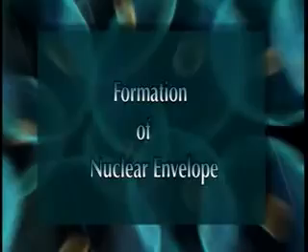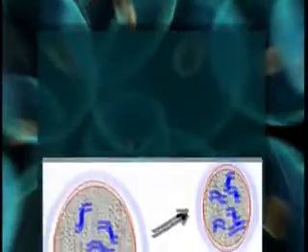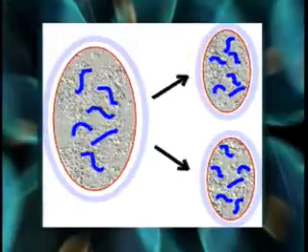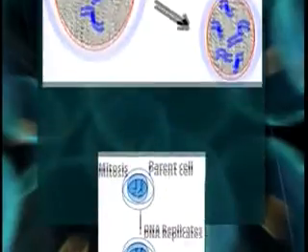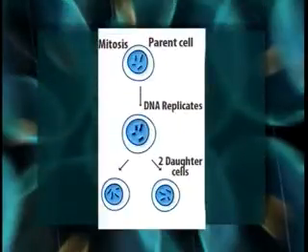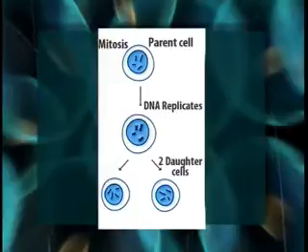Now, the question arises, how is this nuclear envelope formed? The nuclear envelope is the nuclear boundary of the interphase and prophase nuclei. It breaks down at the end of prophase and is reformed at the end of the nuclear division. Thus, it disassembles at the onset of mitosis and reassembles at the end of mitosis.